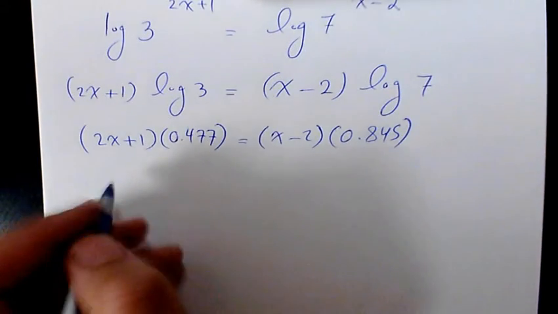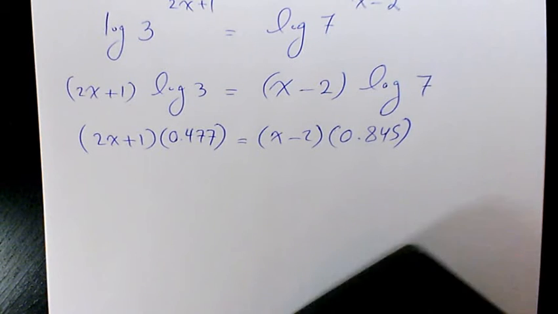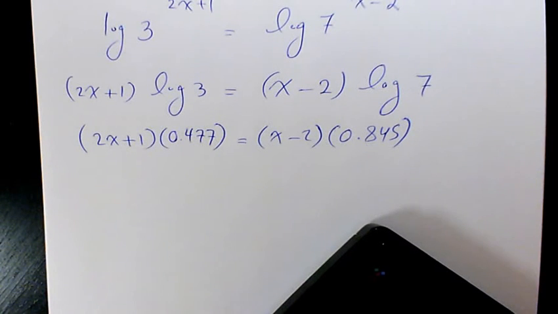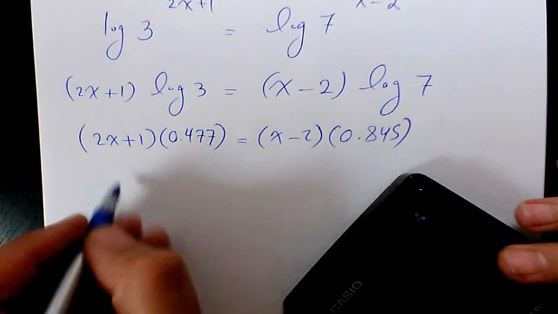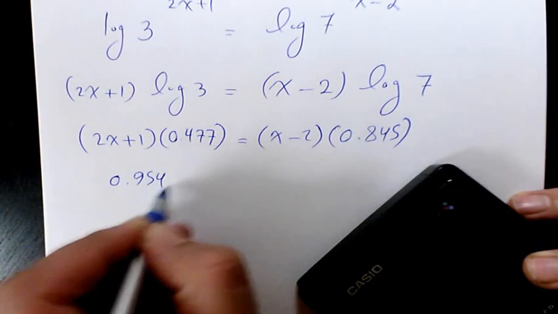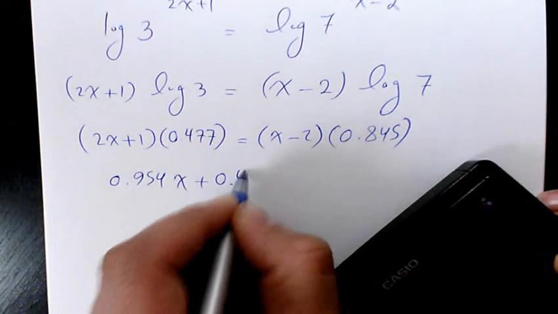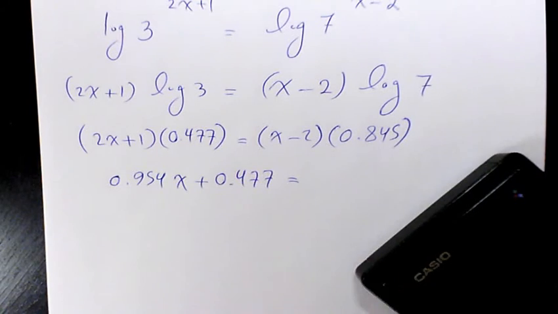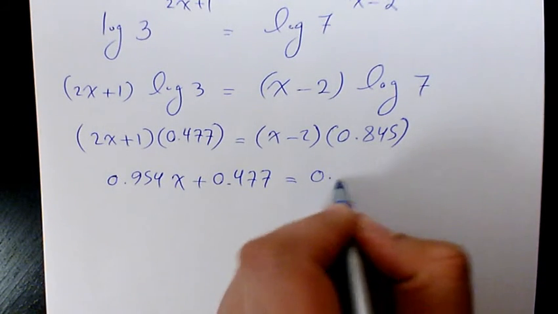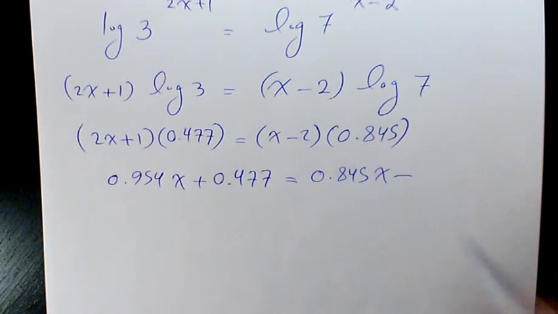So we have 2 times 0.477 equals 0.954x plus 0.477. That's going to be 0.845x minus 1.69.